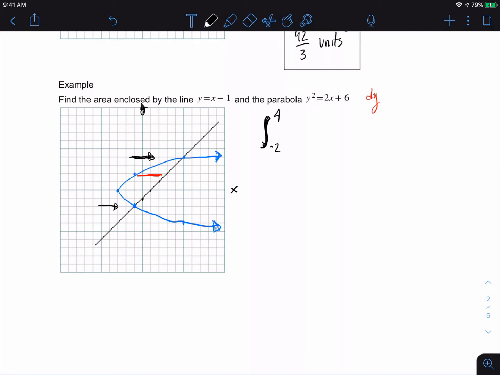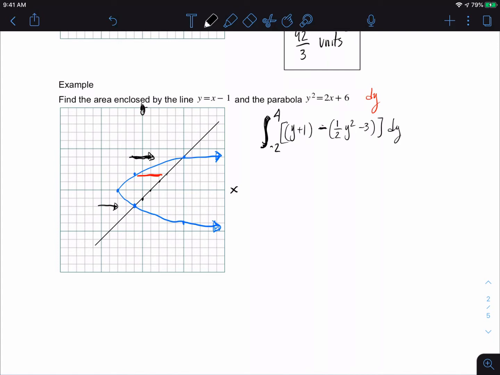Now, our functions need to be in terms of y. So our further to the right function was that y is equal to x minus 1. So the only thing we need to do is change it to y's, so it's going to become y plus 1 minus 1/2 y squared minus 3.